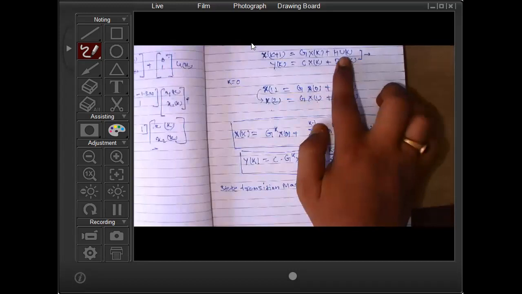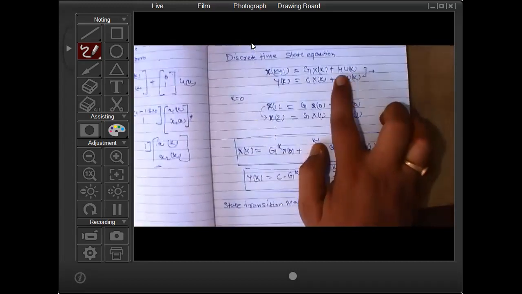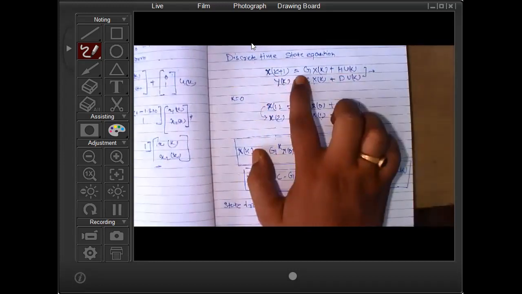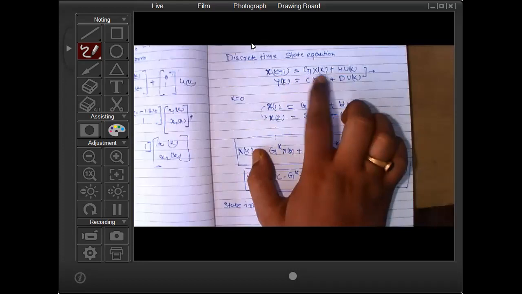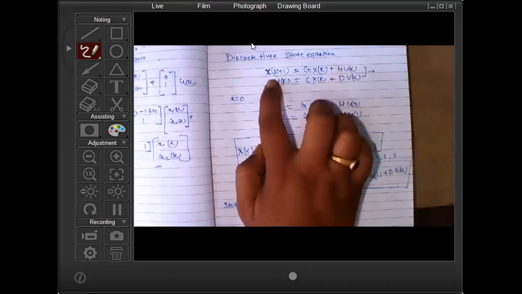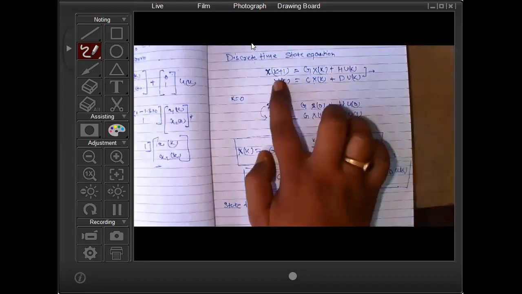If x(k+1) equals G xk and there is no H u_k part, then this type of state space equation is called homogeneous.